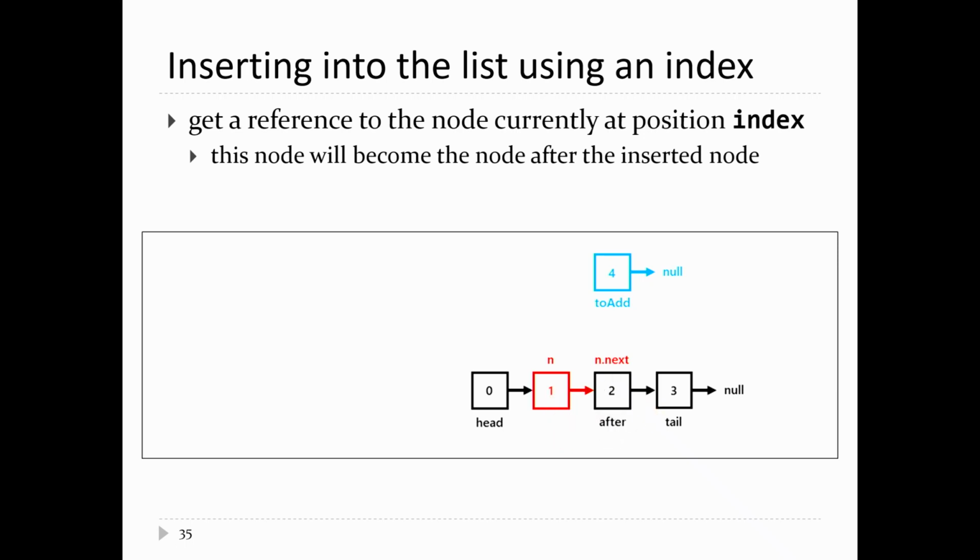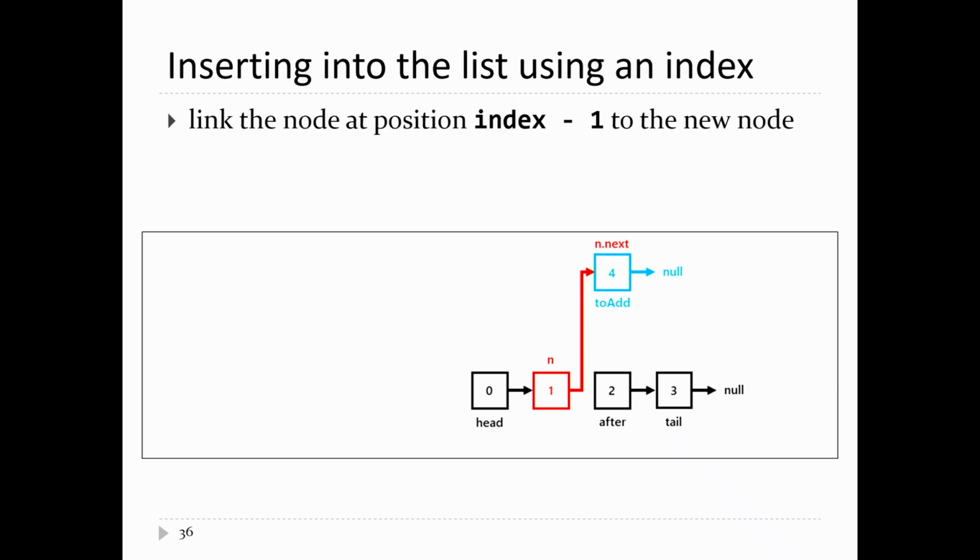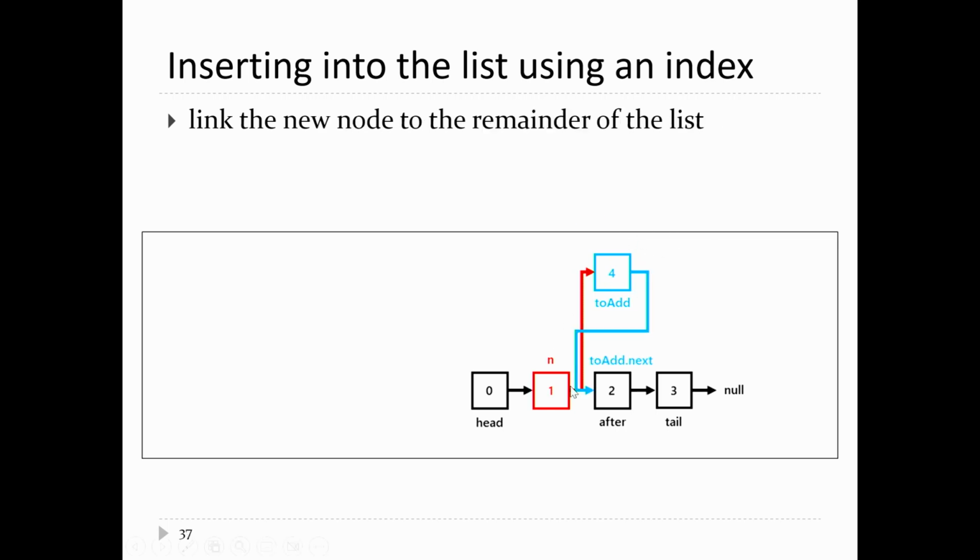If the next step is changing n.next, then I no longer can get to after, right? So I need to remember what after is before adjusting n.next. I adjust n.next so that it refers to the element that I'm inserting. Now I can take the element that I'm inserting and take its node and make it refer to after, like that.